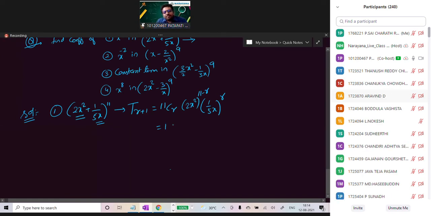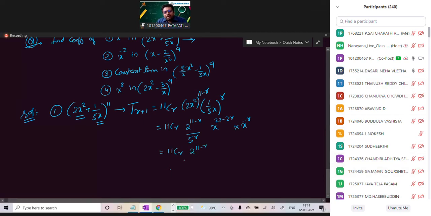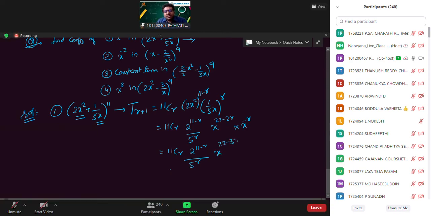This is 11Cr. Now let us separate the constants, 2^(11−r) by 5^r. Let us combine x^(22−2r) into x^(−r). So 11Cr 2^(11−r)/5^r x^(22−3r).